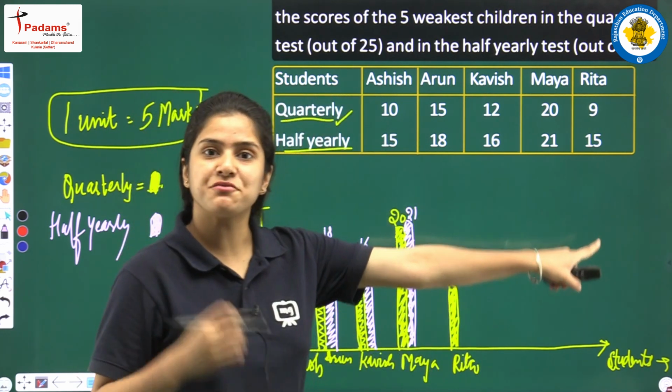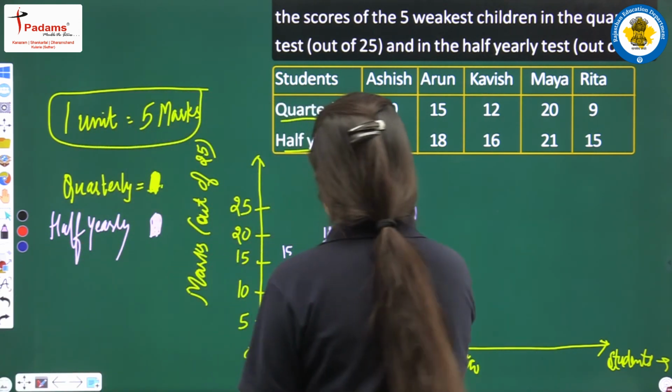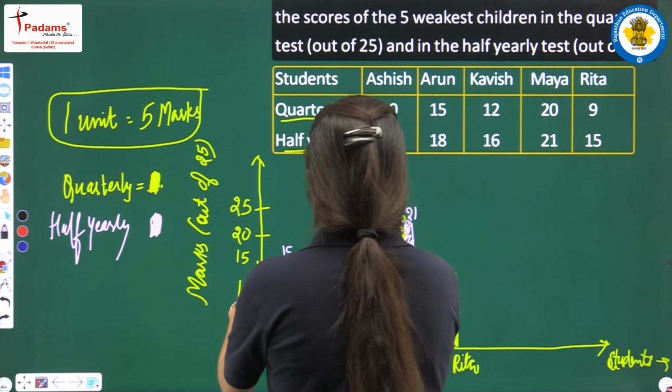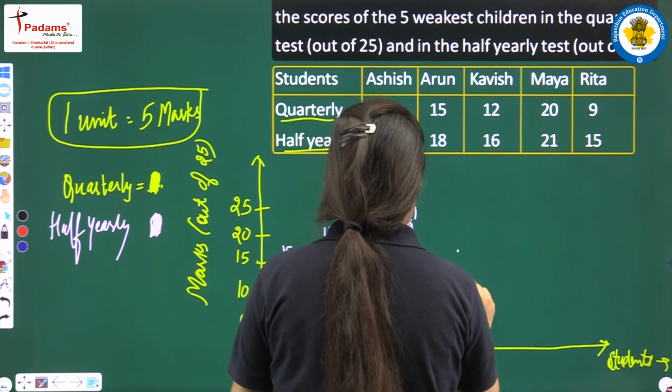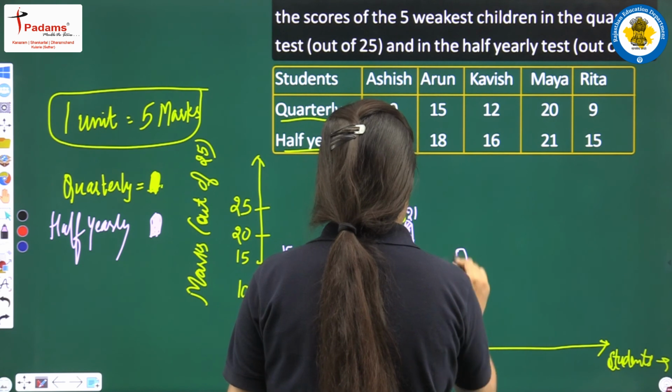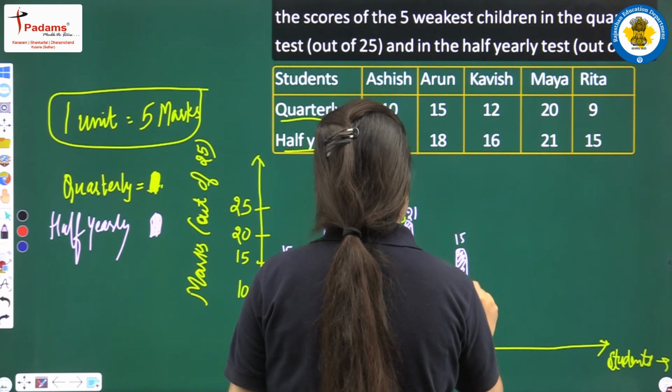And Rita is getting 15 marks in the half yearly test. So 15 is like here. 15 marks by Rita.